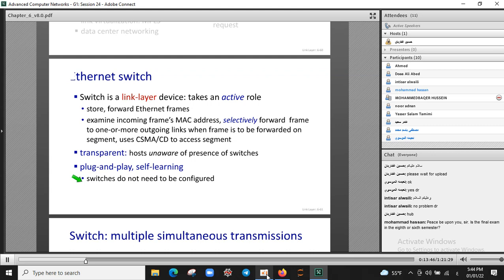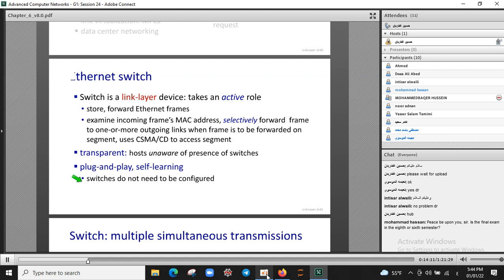Simply, you can use Ethernet switches. They will forward your data, and they are plug and play. You just need to plug them into the network. It works.